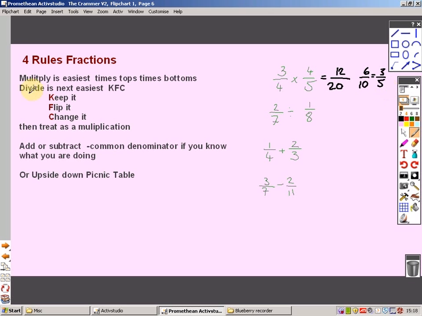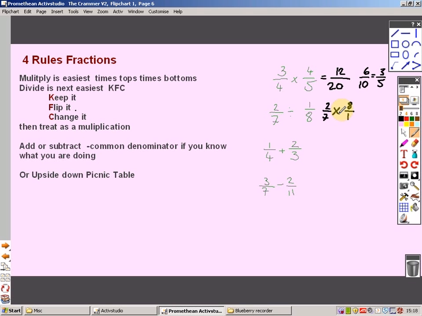The second one, divide, is the next easiest, and remember KFC. Sharing out, sharing is dividing, sharing out your KFC bucket. However, we use the KFC for keep it, flip it, change it. So I'm going to rewrite this question here as keep it, 2/7, change it, the second one, 8/1, and change the sign from a divide to a times.